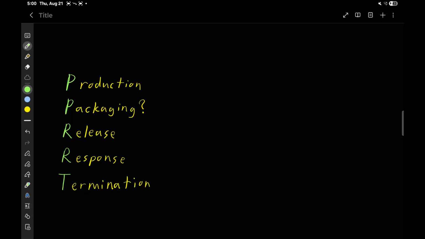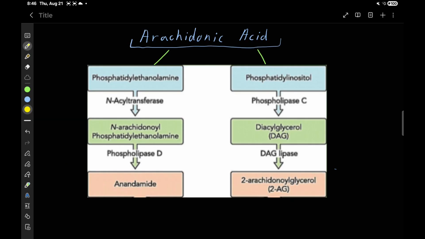So if we look at the first step of our signaling framework, it is production. We need to produce our endocannabinoids. Let's take a look at how this happens. So our bodies have two main endocannabinoids, and these are the ones we're going to focus on. So one very important fatty acid in our body is arachidonic acid.